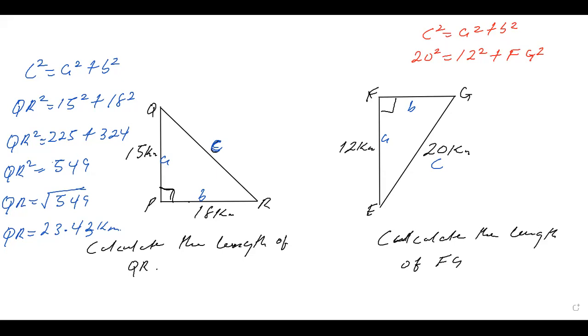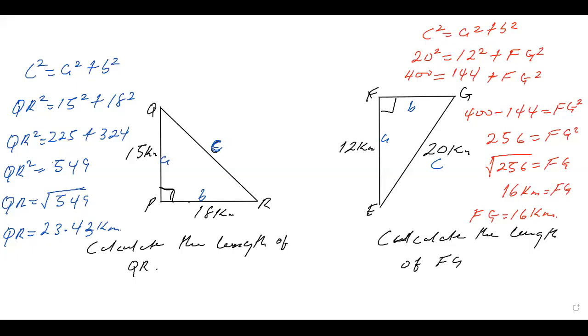Okay. In summary, we use the Pythagoras theorem when we are given any two sides of a right angle triangle and we have been asked to find the third side. What is the formula? The formula is always C squared is equal to A squared plus B squared, right?